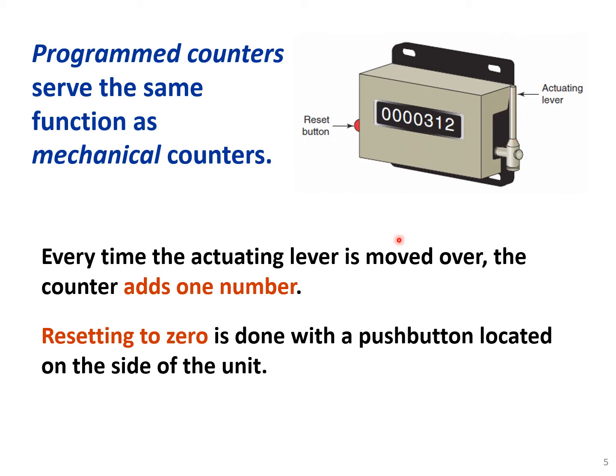Every time we move the lever, then basically we count one number up. Resetting to 0 is done with a push button located on the side of the unit. So we need to reset the counter at one specific point, and counters in PLC work almost the same as mechanical counters.